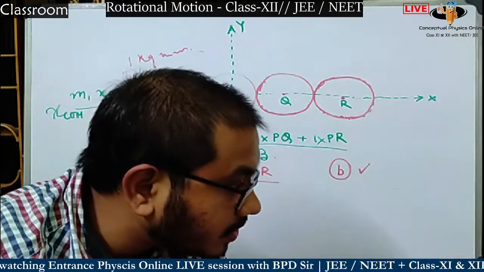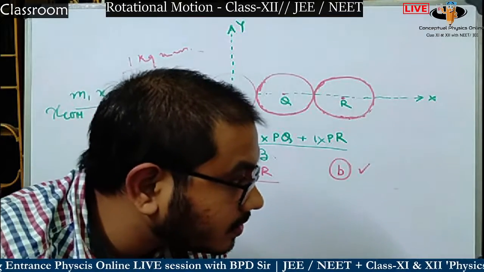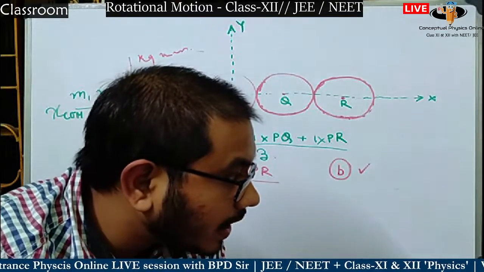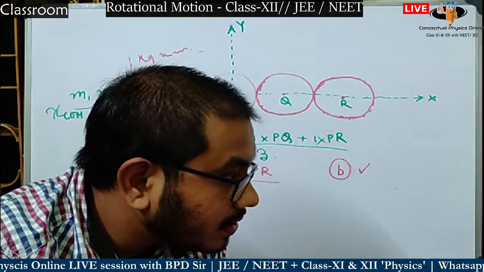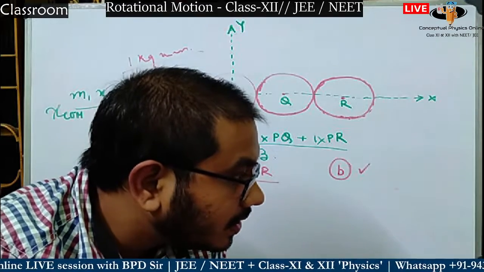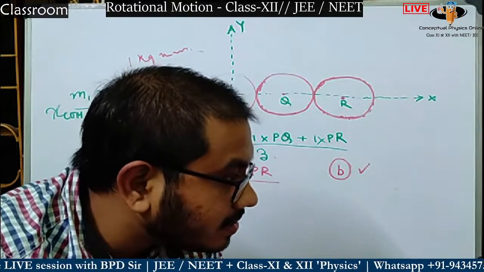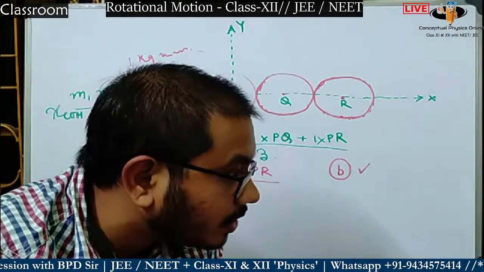The question is asking that two masses m1 and m2 are connected by a massless, flexible and inextensible string passed over a massless frictionless pulley.